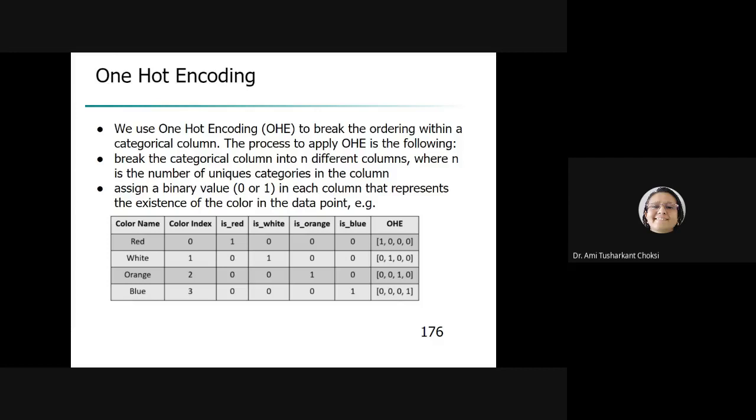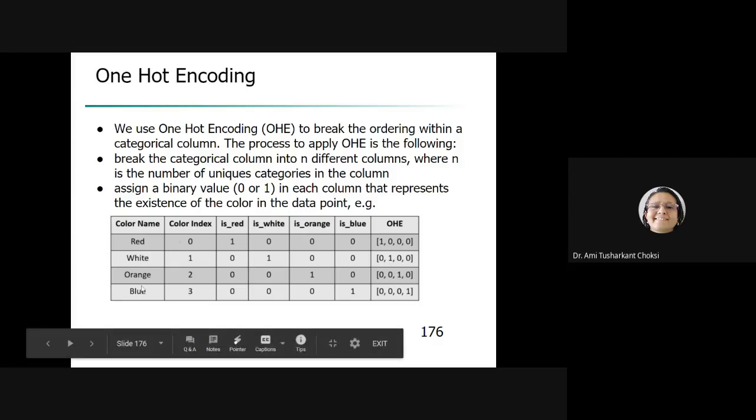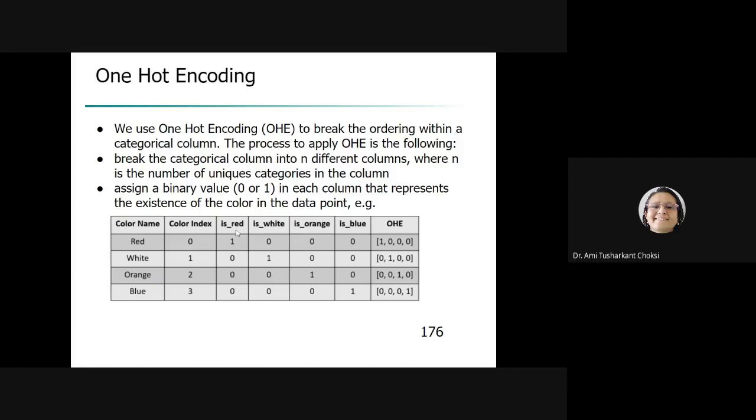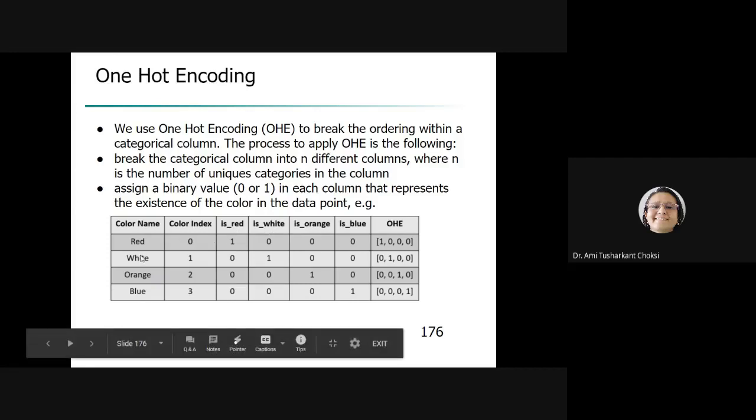What we are doing is, for red, white, orange, blue, whatever colors are given to us, we give a column as is red, is white, whatever names are there. For them, we write is underscore and color name. Fine.